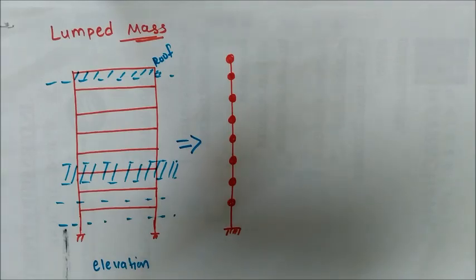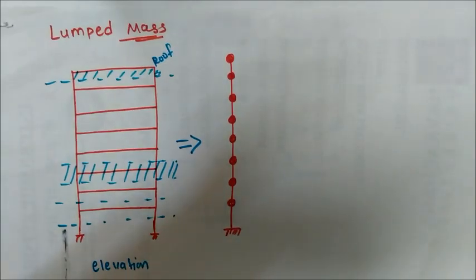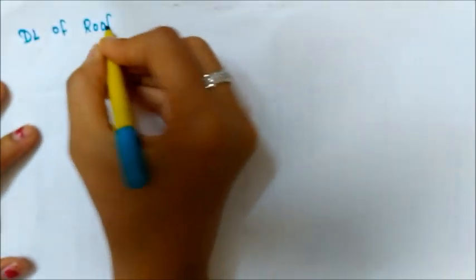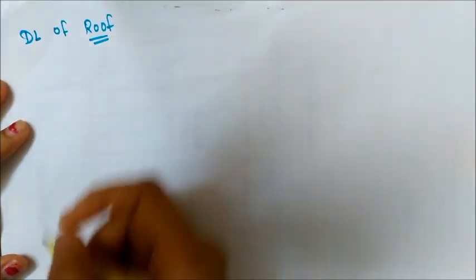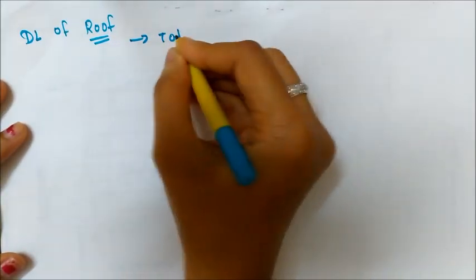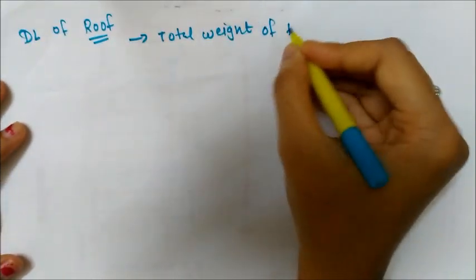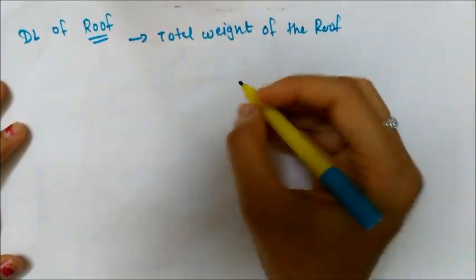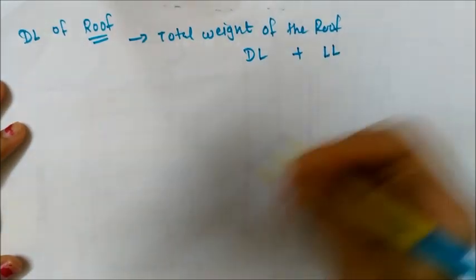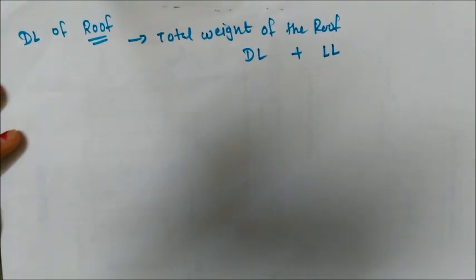Let us start with adding all these values. First let's calculate the dead load of the roof. If we want to find the total weight of the roof, we have to add both dead load plus live load. But as we know, the live load of the roof we consider is 0, as we discussed in the live load portion.